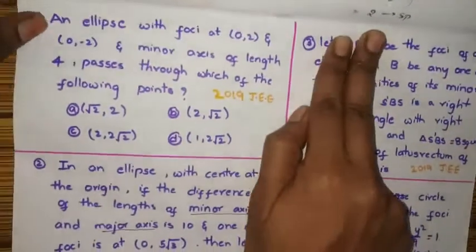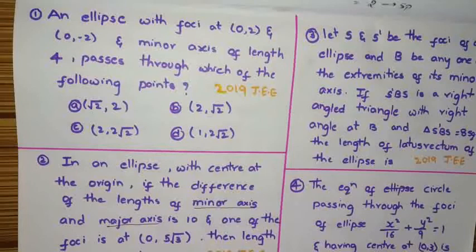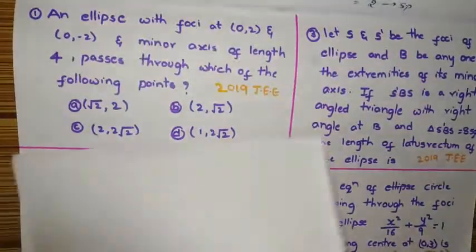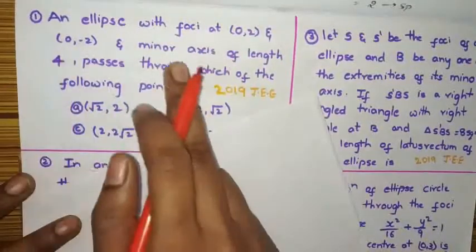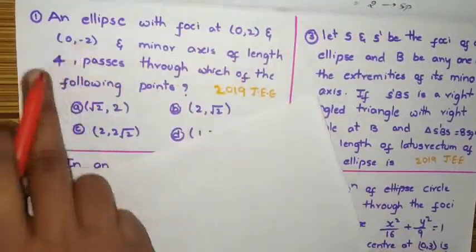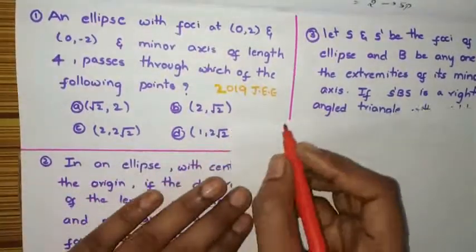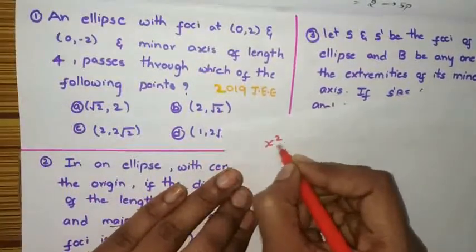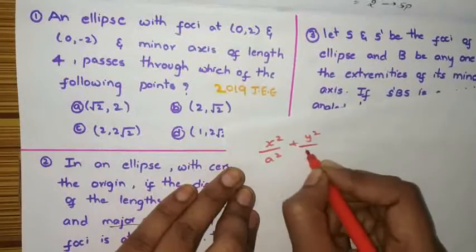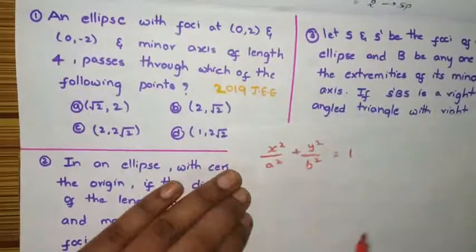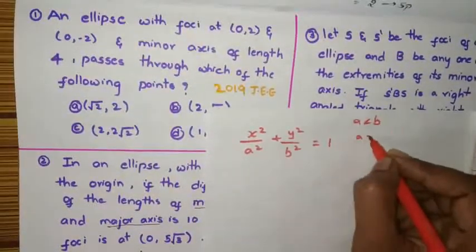See, the first question says, please read the question. Over. An ellipse with foci at these points and a minor axis of length 4 passes through which of the following points? See, this ellipse equation is x square by a square plus y square by b square is equal to 1. But how to know whether it is a less than b or a greater than b?